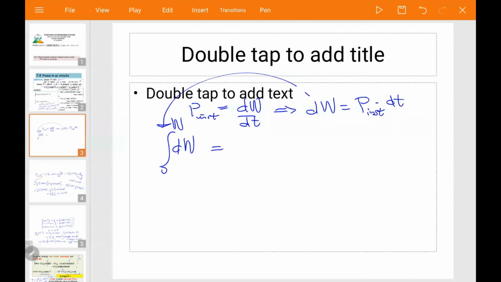So over one period, we are going to integrate from 0 up to some energy within some cycle, within some period t. So again, here, P instantaneous times delta t, but P instantaneous has now these terms. There are 3 terms in there.